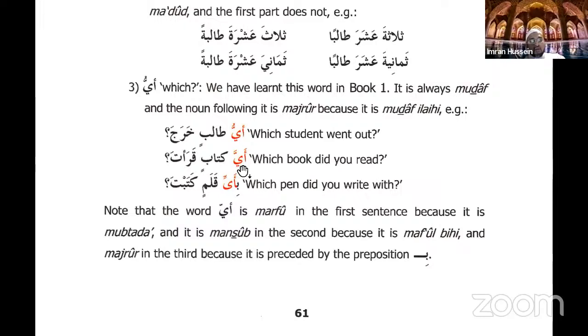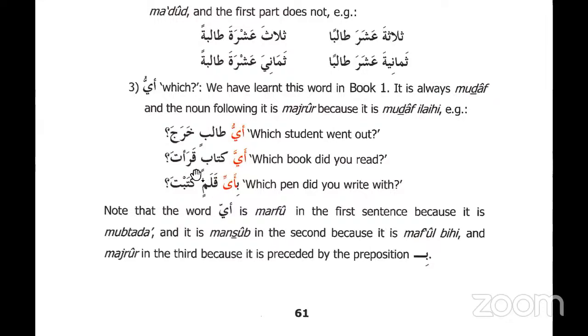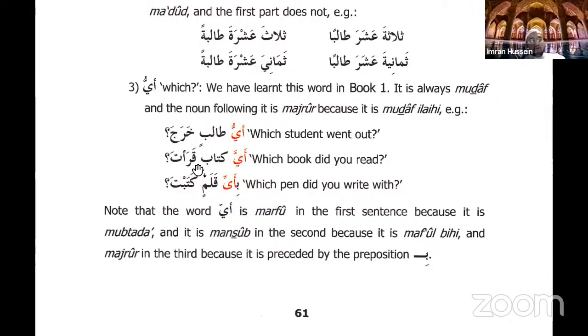Ayya is now coming as an object, maf'ul bihi, exactly for the verb qara'ta. It could have been qara'ta ayya kitabin. So anta, it's the doer of reading, you, and what are you reading? Which book? So ayya kitabin is maf'ul bihi, which is coming at the beginning of the sentence.